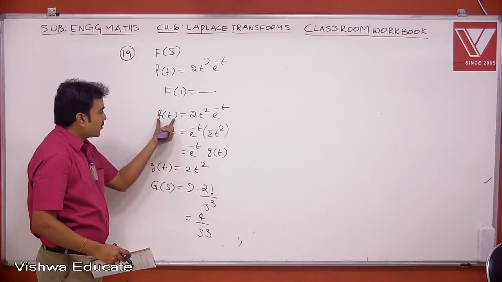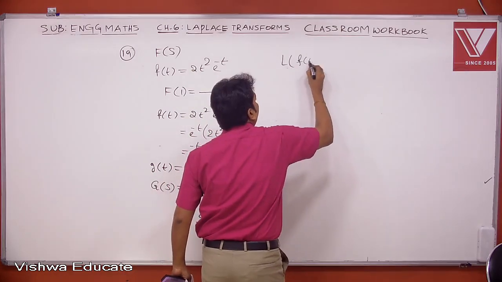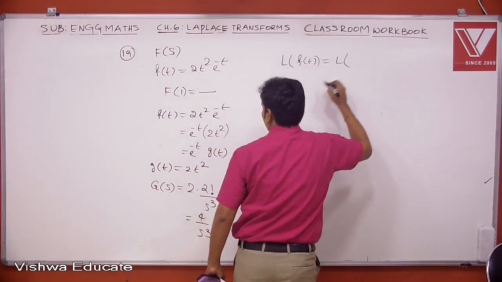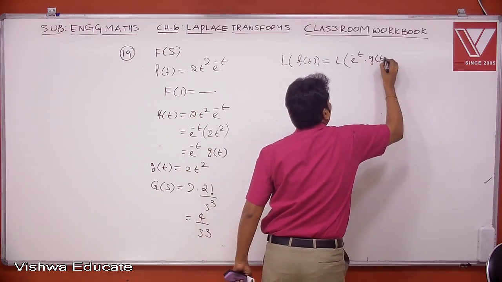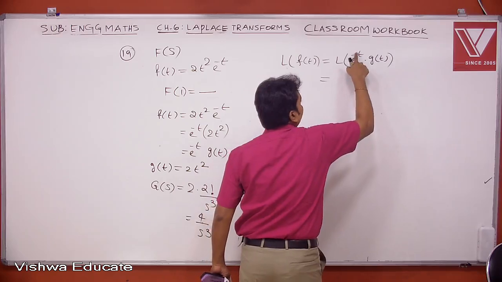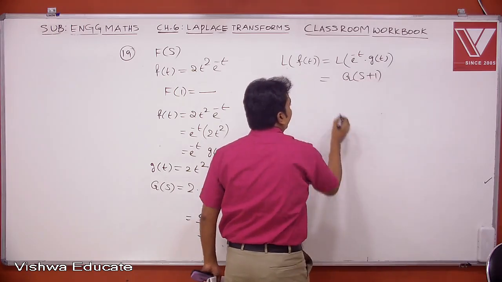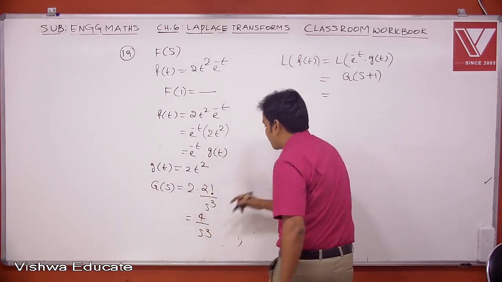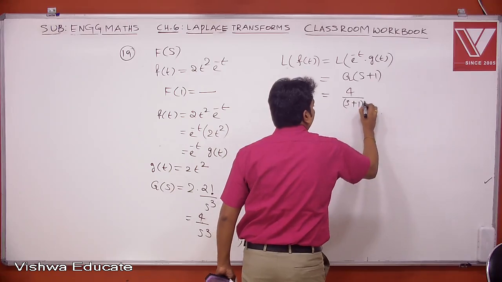But I want Laplace of small f of t. So therefore Laplace of small f of t equal to Laplace of e power minus t into g of t. So here a value is 1. Apply shifting result. This is G of s plus 1. So therefore replace s by s plus 1. It becomes 4 by (s plus 1) whole cube.